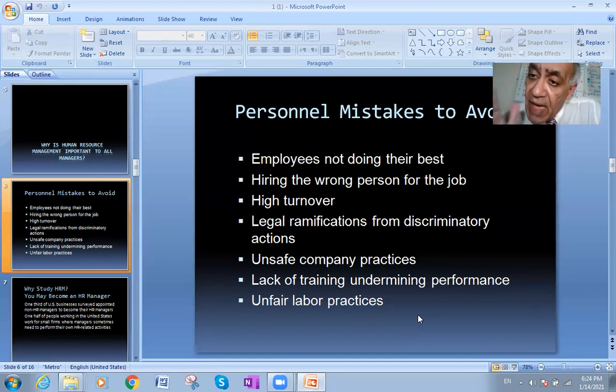It became an independent entity in organizations.